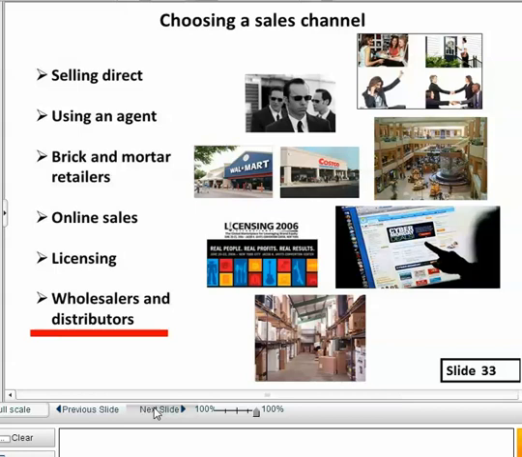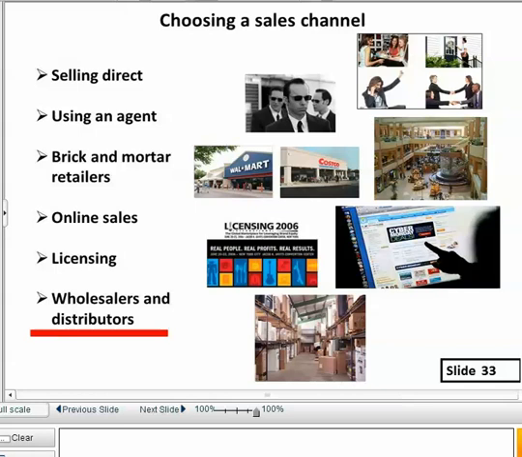Now that means the wholesaler has to make a certain amount of money on the deal, and there has to be enough markup in the product so that the retailer who buys it from the wholesaler at a slightly higher price than what you sold it to the wholesaler for, that retailer in turn can turn around, add more to the price than what he or she paid for it, and then sell it to the customer and ultimately make an adequate return on their investment.